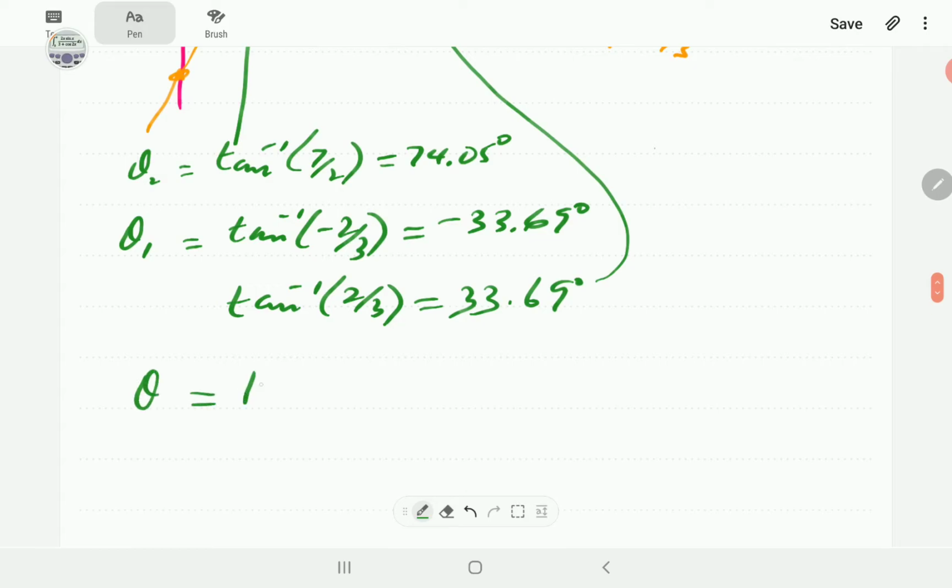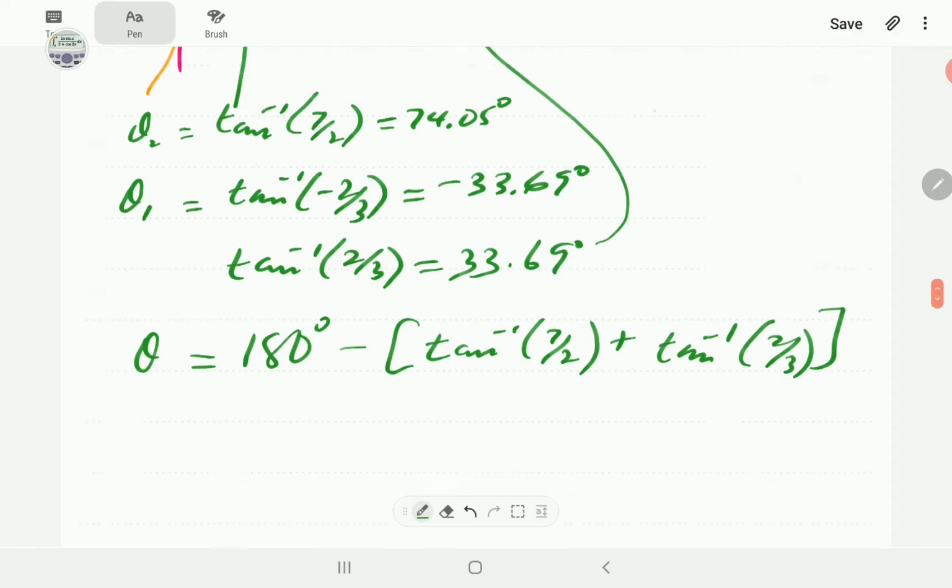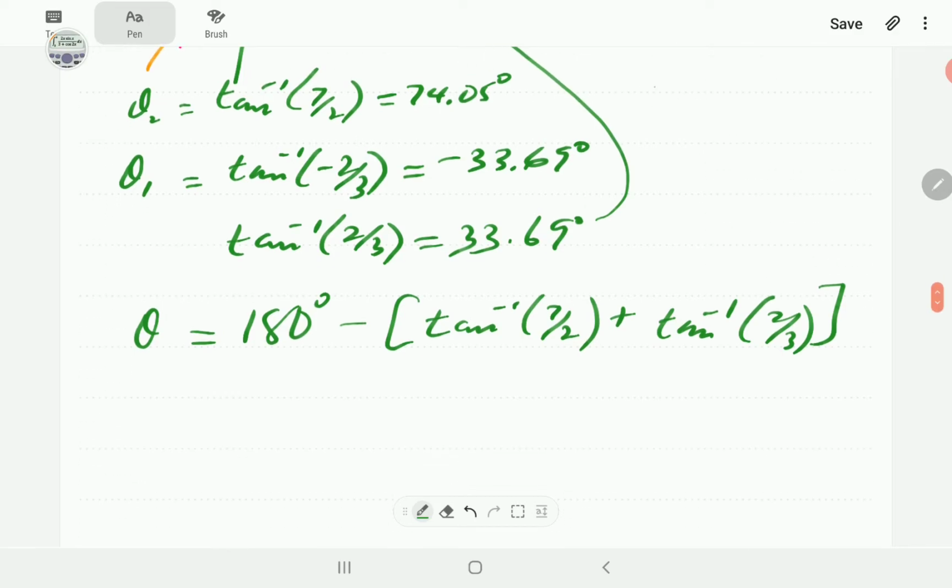So that means our intersection angle theta is going to be 180 take away the inclination angle of L2 plus inverse tangent 2/3, which is the positive of the inverse tangent of the gradient of L1.